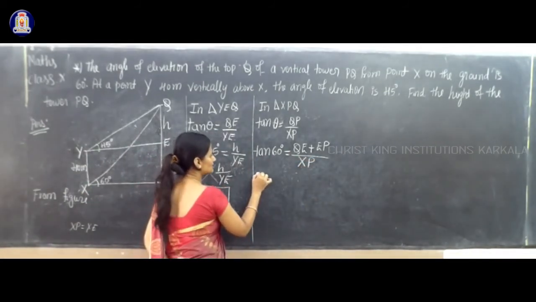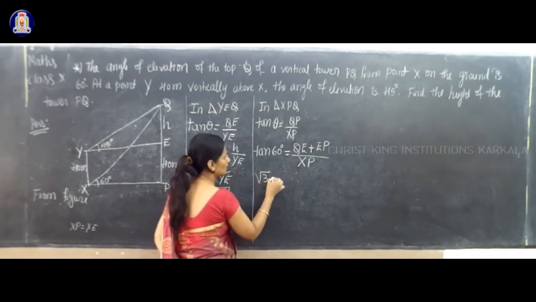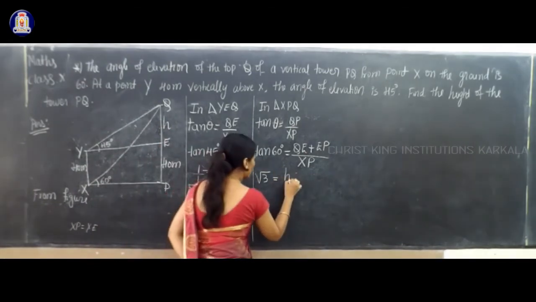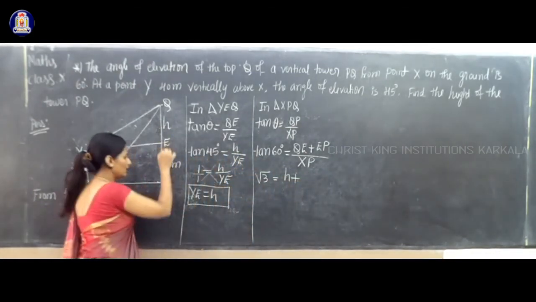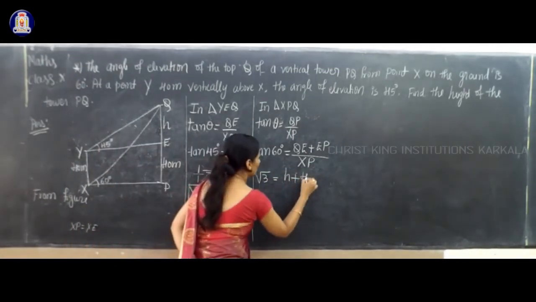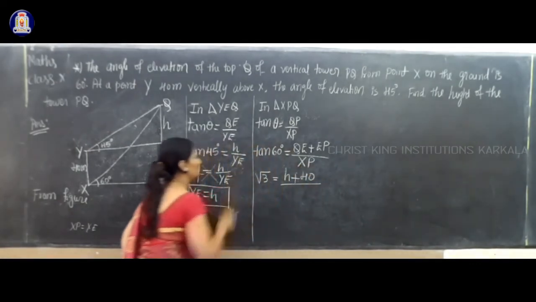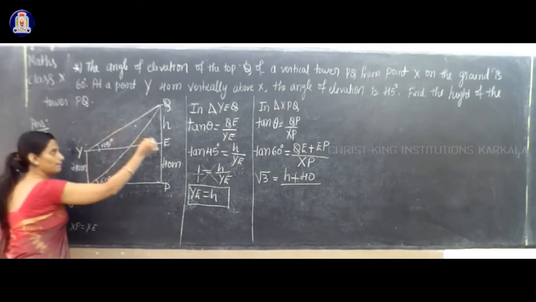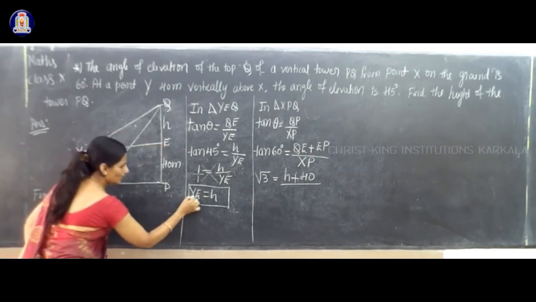Now tan 60 degrees is root 3, equal to QE, which is H, plus EP, which is 40, divided by XP. So XP is equal to YE. So what is your YE?